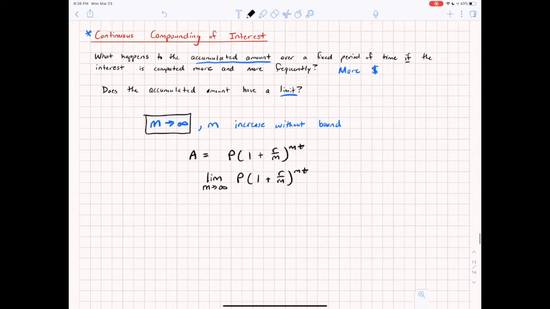Now, a couple of things to notice here, which we highlighted a little bit when we talked about limits: the variable in question is M. I have an M here and I have an M here.